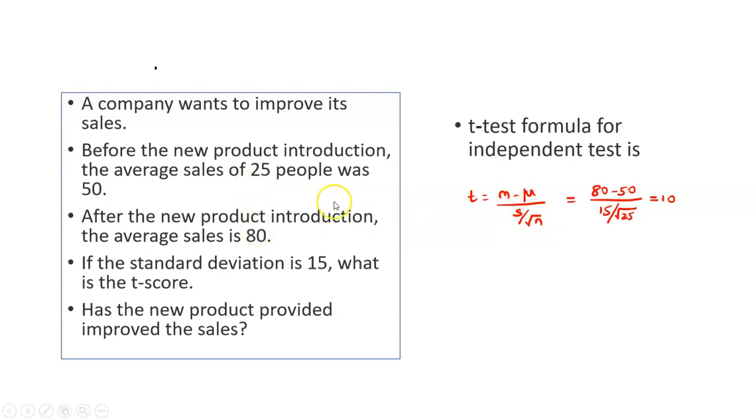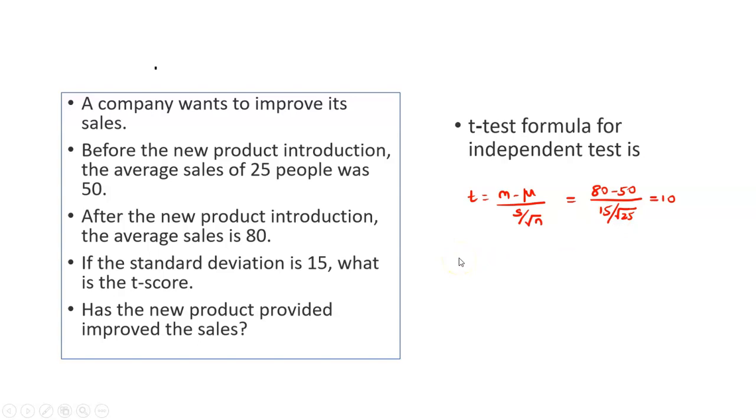So we find the difference between the averages and divide by the standard error. S divided by, that is standard deviation divided by square root of n. N is the number of samples in consideration. This is known as the standard error, right? So for t, we get a value of 10. This is the t statistic, right?